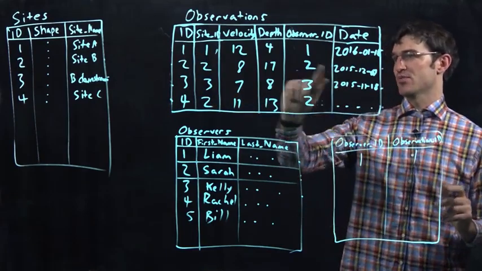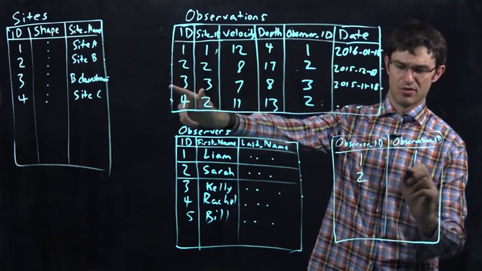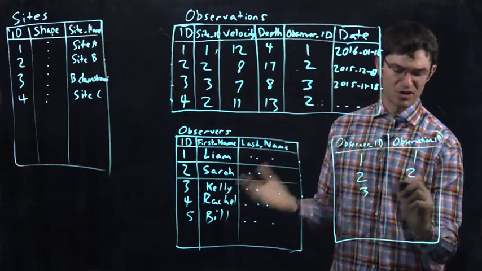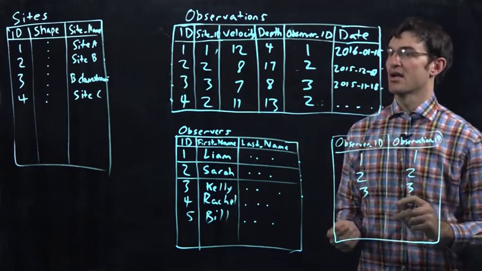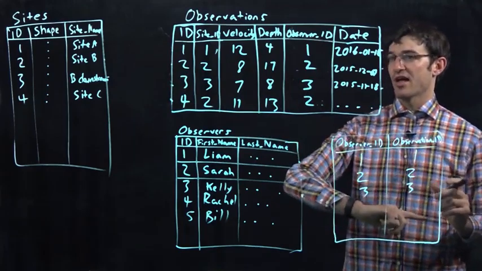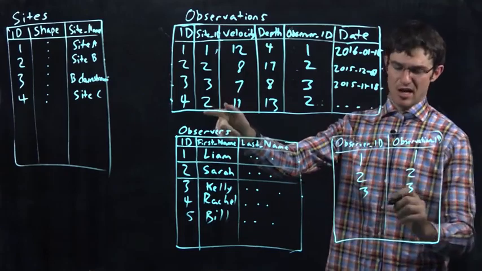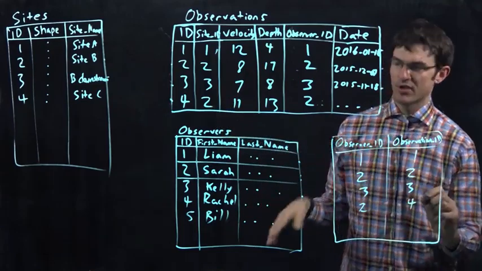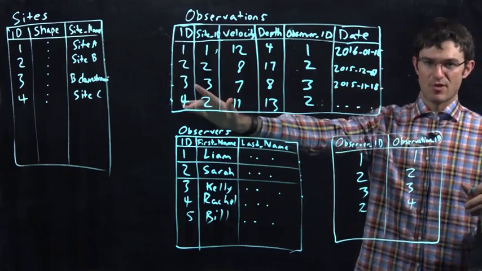And observer 2 was present for observation 2. And observer 3 was present for observation 3, or took observation 3, potentially. But then also that observer 2 did observation 4, which was all stuff we could collect with this table already, right?